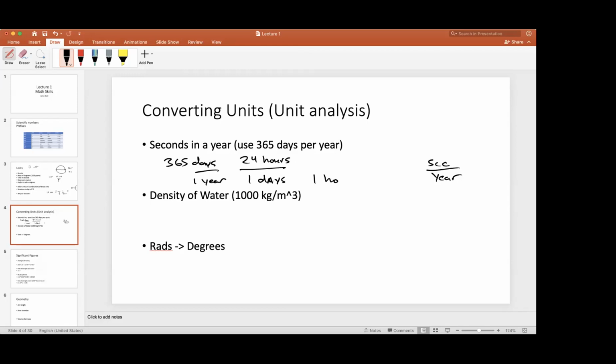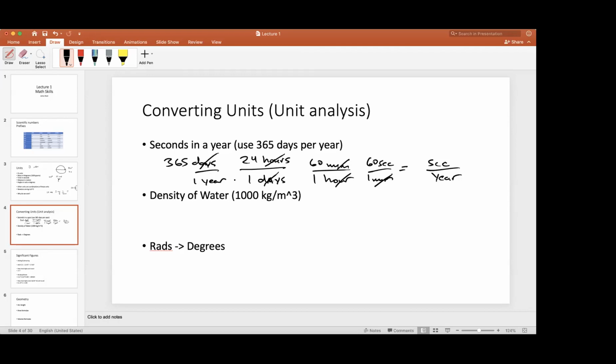And in 1 hour, how many minutes are there? There are 60 minutes. And in 1 minute, there are 60 seconds. So what unit analysis allows you to do is cancel top and bottom, cancel top and bottom, cancel top and bottom, and then we just multiply through these numbers.